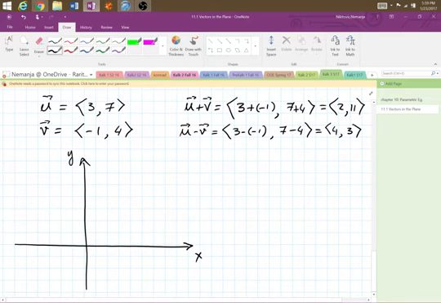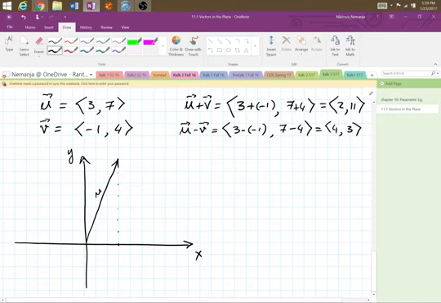First vector is 3, 7. It's vector U. And the second vector is negative 1, 4. That's vector V. So there are vectors U and V.